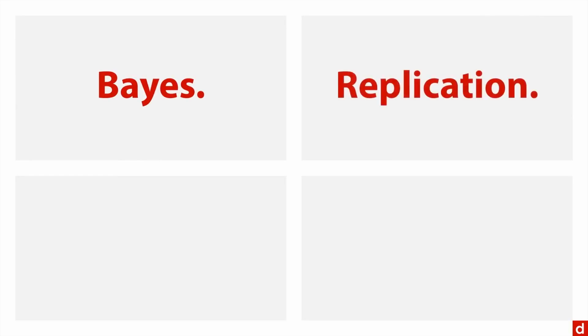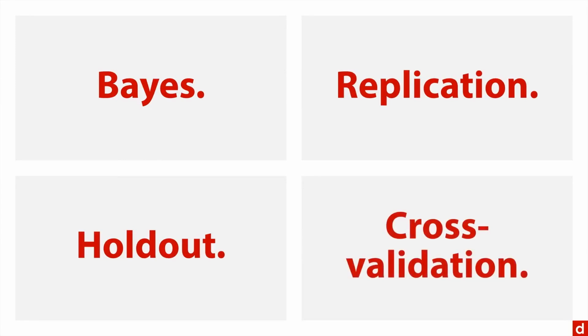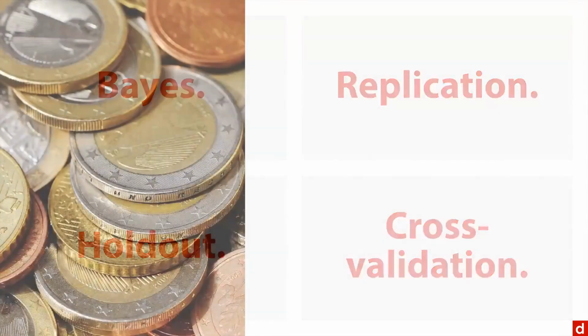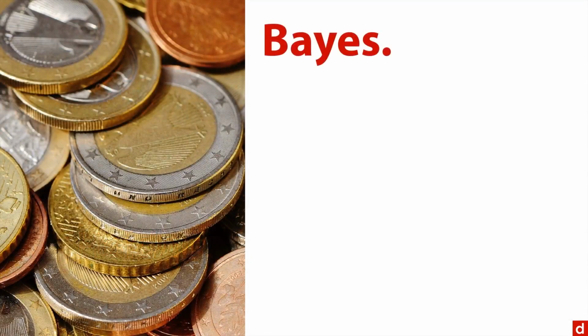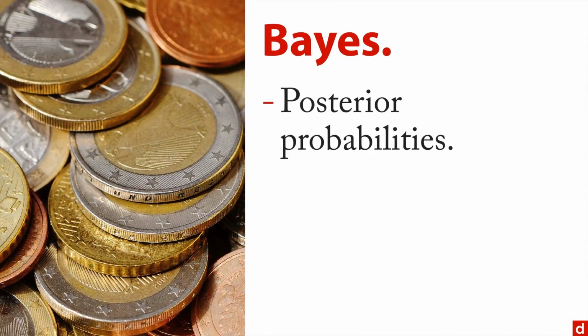Now, there are a few general ways of dealing with this and trying to get some sort of generalizability. Number one is Bayes, a Bayesian approach. Then there's replication. Then there's something called holdout validation, and then there's cross-validation. I'll discuss each of these very briefly in conceptual terms. The first one is Bayes, and the idea here is you want to get what are called posterior probabilities.